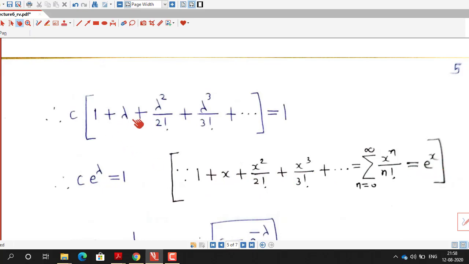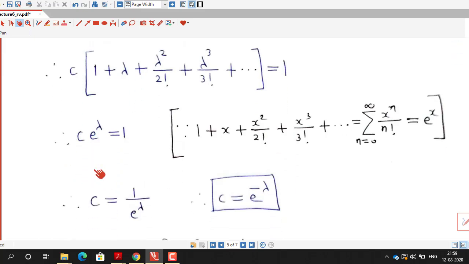Now instead of x we have lambda. If you compare our series with this series, you will get x equal to lambda. So if we have x, we have e raised to x; if we have lambda, it will be e raised to lambda. This series converges to e raised to x for all values of x, and lambda is also a real number, so we can take x equal to lambda.